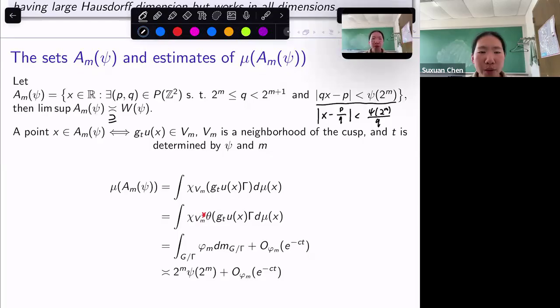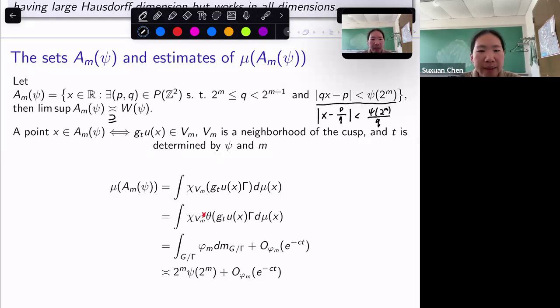And then how do we use the effective equal distribution result to get the measure estimate of A_m(psi)? From the number theoretical set, we want x to be inside A_m(psi), and we can convert it to the dynamical set side.